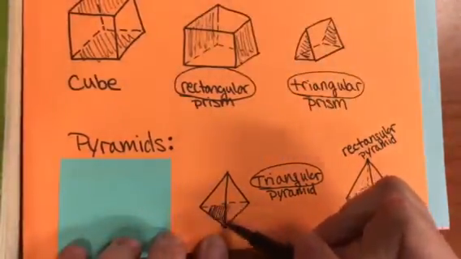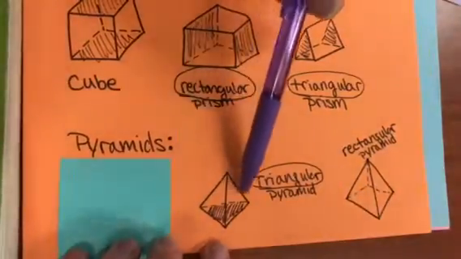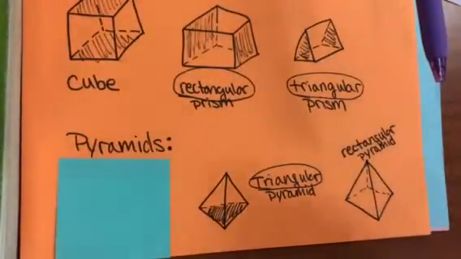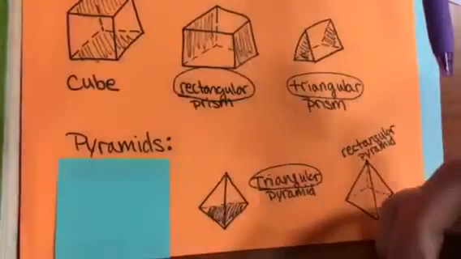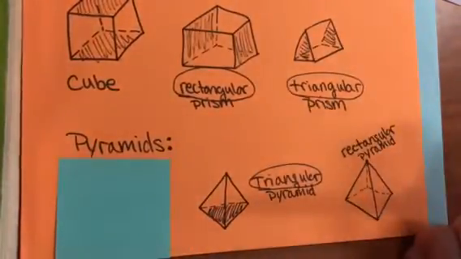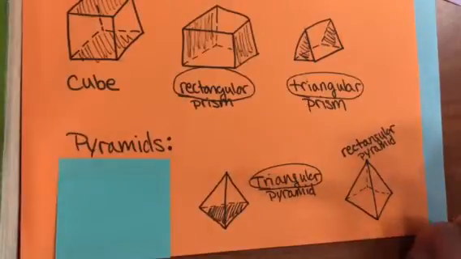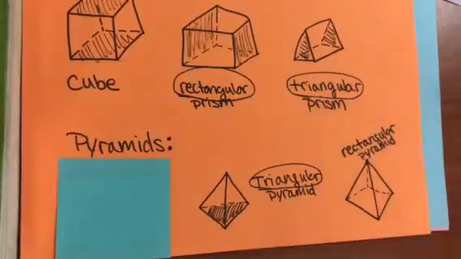Can it be the one on my side? It could. They'll usually tell you which base it is because they're all triangles. It's usually shaded, and if it's not shaded, it's the one that it's sitting on. But you still tell me.